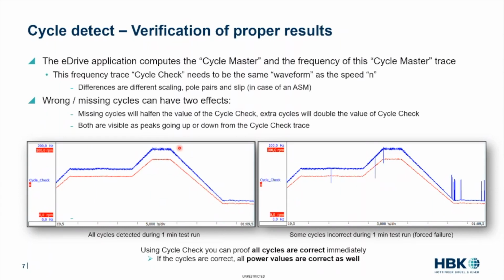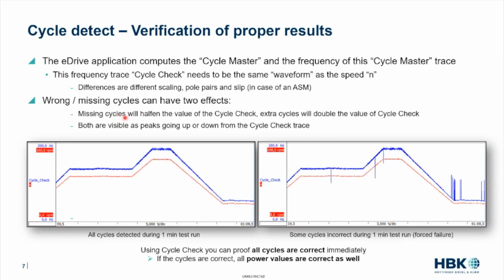Now, what would happen if we fail to detect a cycle? There are only two possibilities. You can either miss a cycle, so there is a cycle, but we don't recognize it, or there is only one cycle, but we detect more than one cycle. So these are the two possibilities: missing cycles or extra cycles.